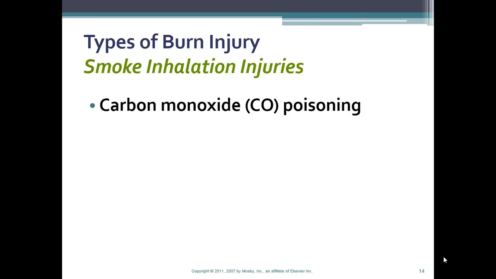It's treated with 100% humidified oxygen. The patient may have what we call a cherry red tongue, or their skin might be cherry red in appearance. Carbon monoxide poisoning can be with the absence of a burn injury, or it could be with a burn injury.